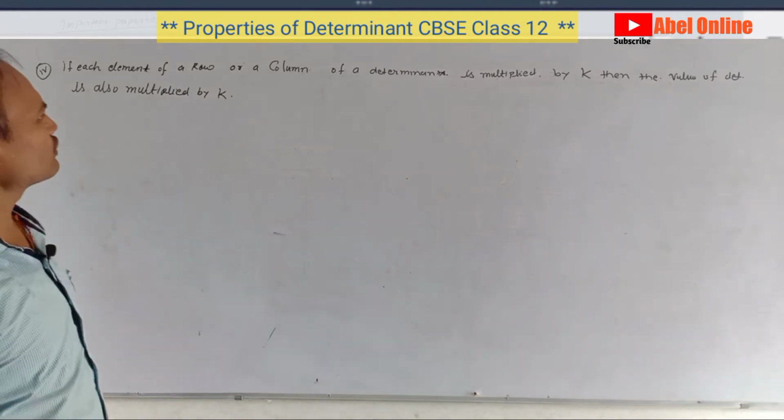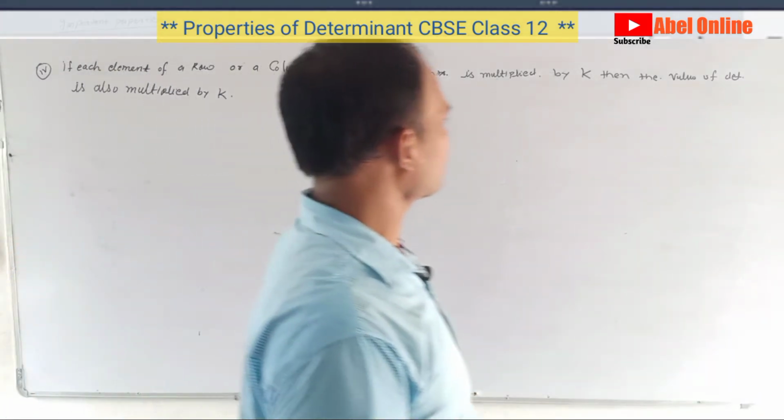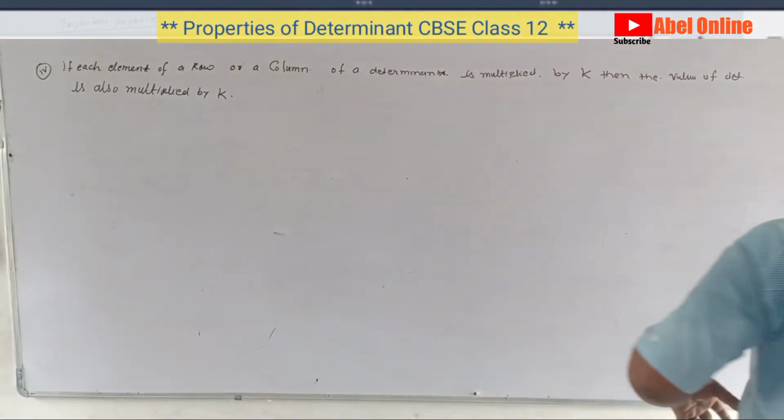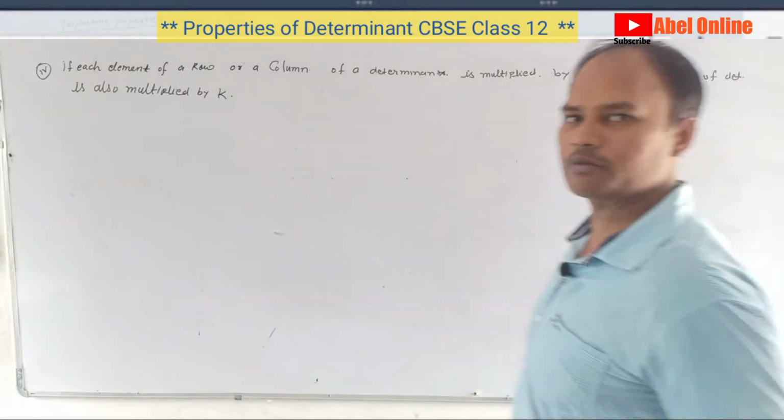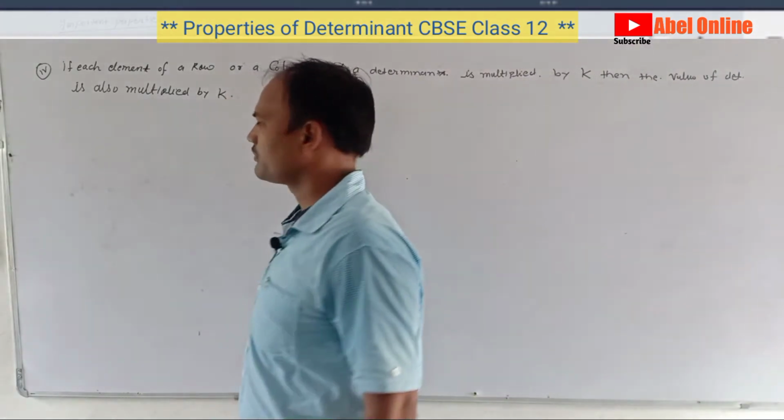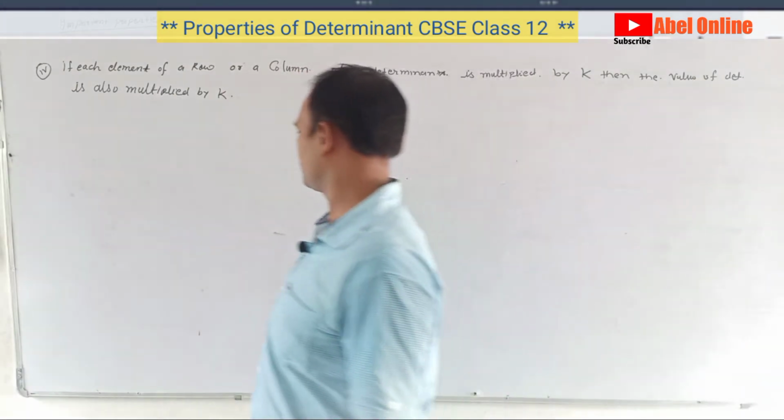If each element of a row or column of a determinant is multiplied by k, then the value of the determinant is also multiplied by k. How can we understand this theorem, this property?